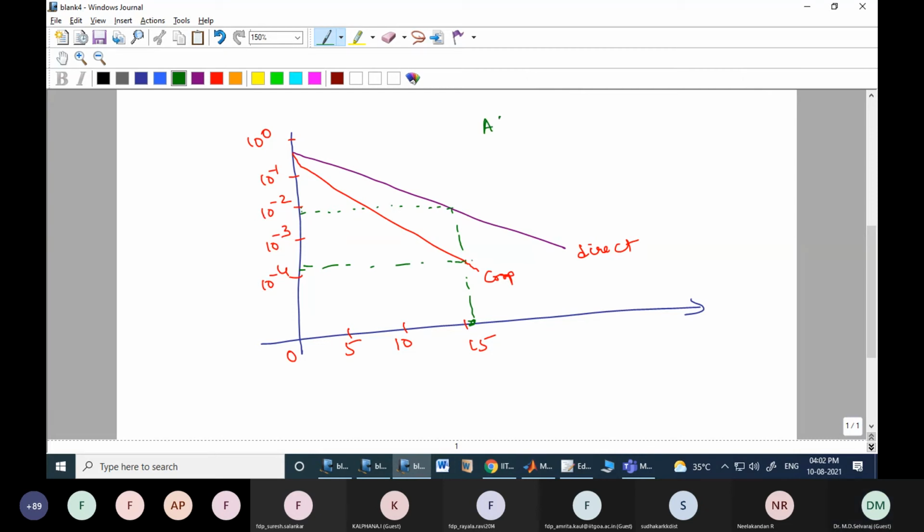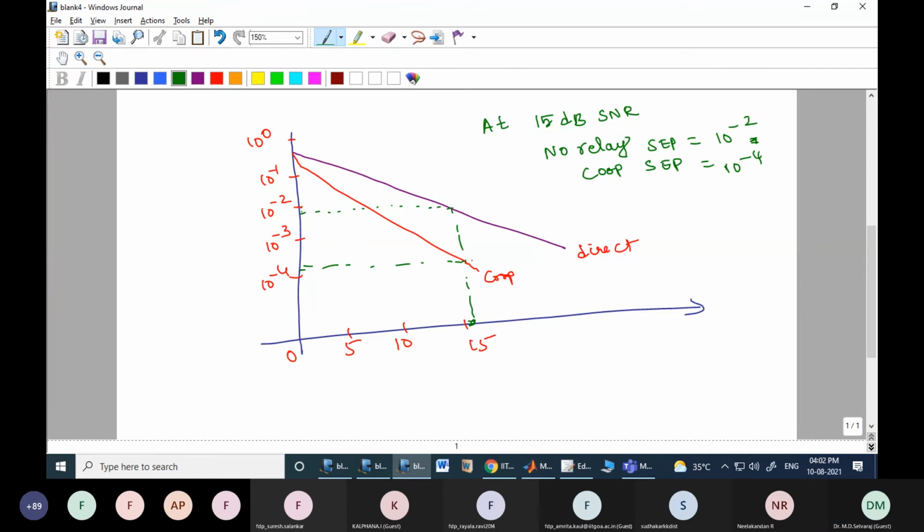At 15 dB SNR, the no relay case achieves an SCP performance of, say, 10 to the power of minus 2, whereas the cooperative case achieves an SCP of, say, 10 to the power of minus 4.